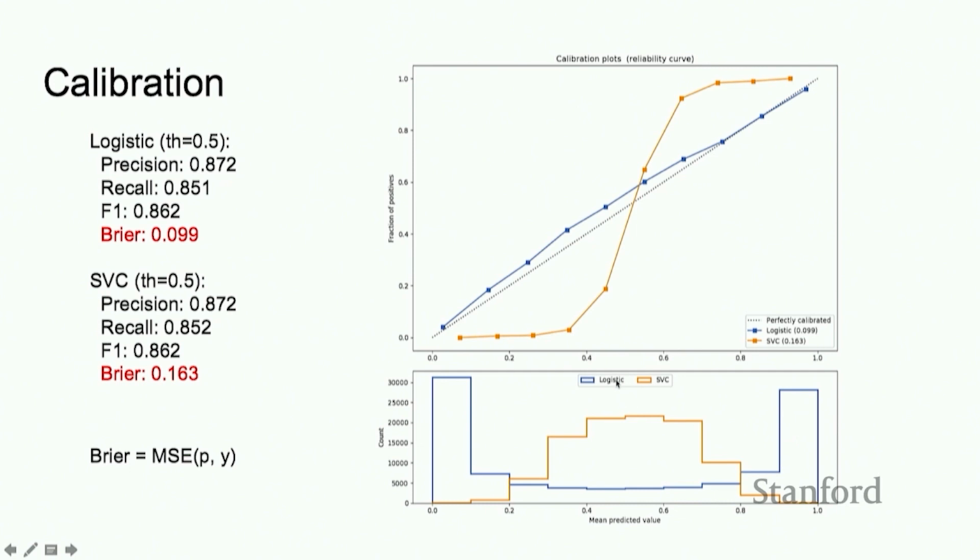However, if your model is not well calibrated, as in the orange case, then this histogram says nothing at all. It does not tell you whether the model is doing well or badly. In this example, both these models, for a chosen threshold of 0.5, the logistic regression and support vector machine, have 0.87 precision, 0.85 recall, and 0.86 F1 score.